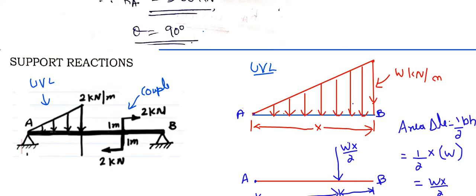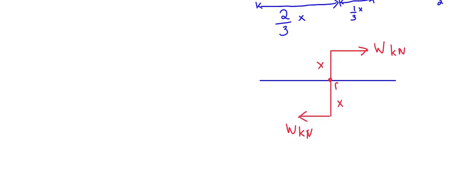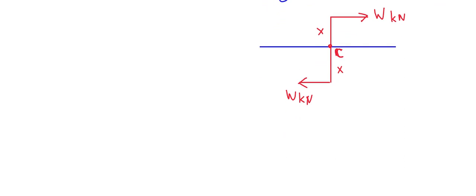You see the couple is given 1 meter on top of the beam and 1 meter below the beam. So again I write it as x meters on top and x meters on bottom, and this is the point, let's say C. Couple is basically giving a rotation to the beam in this direction because it is pushing the beam in this direction.